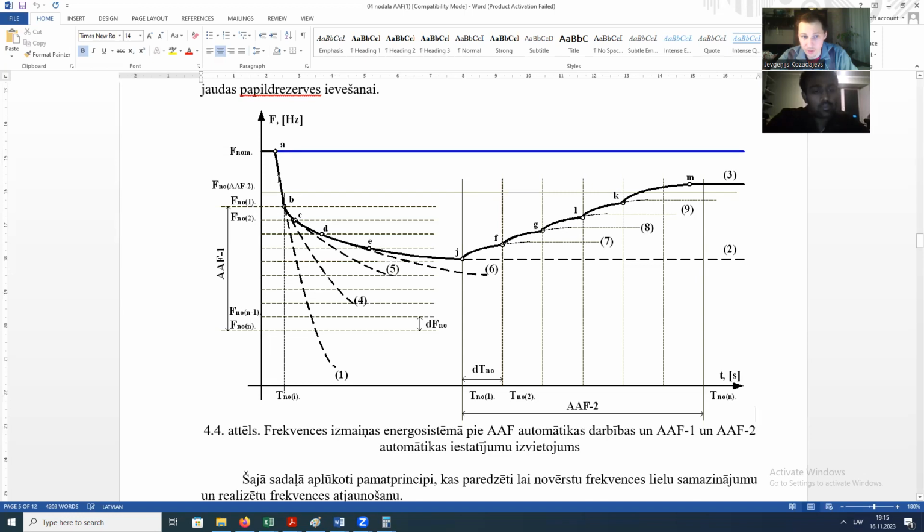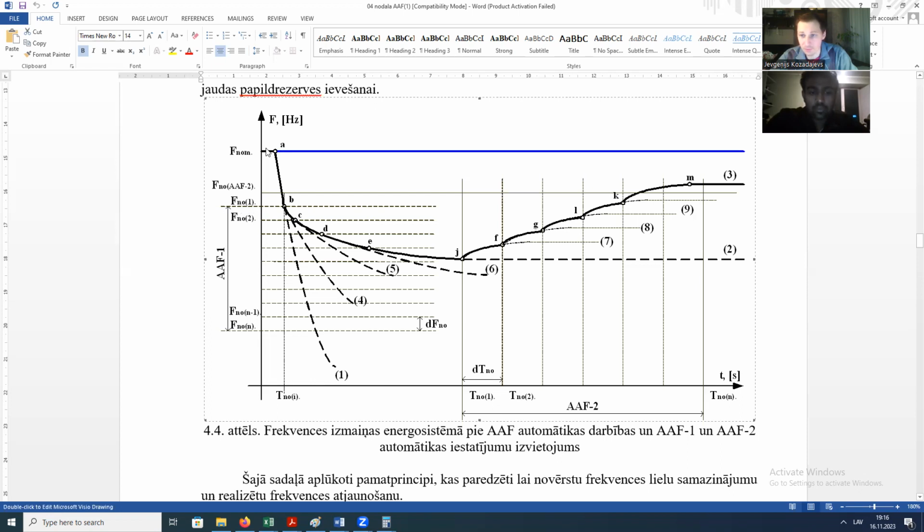And how does it work? First of all, it has a start set point. The start set point is based on frequency. If we see the frequency drop to a set value, it means we need to disconnect a first group of consumers. So it starts from the frequency.